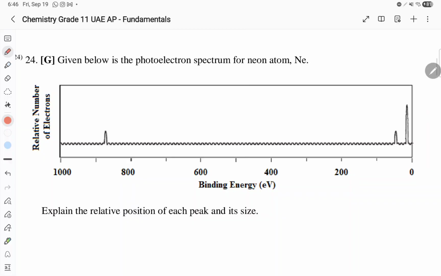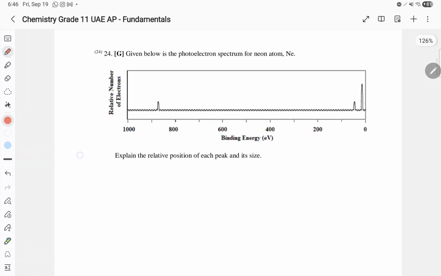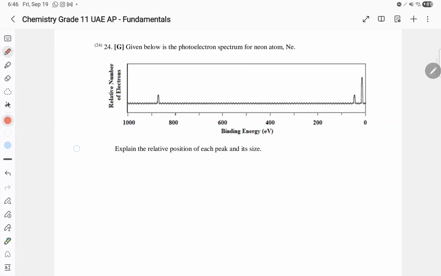Moving on, question 24. This is the photoelectron spectrum for neon. Explain the relative position of each peak and its size. This is the 1s2 peak, this is the 2s2 peak, and this is the 2p6. Is it 6? Yeah, it is 6.